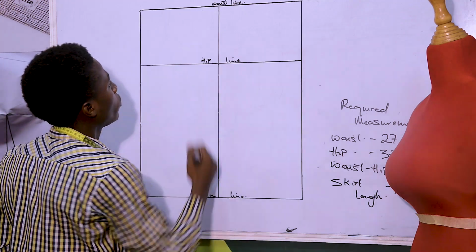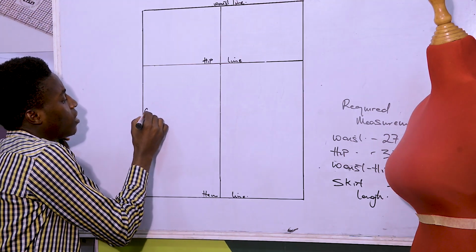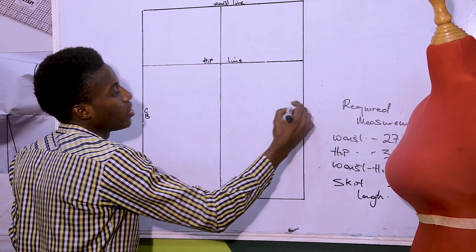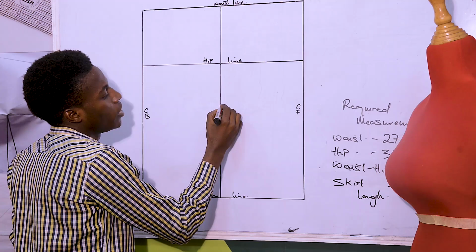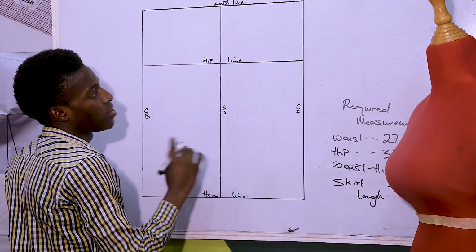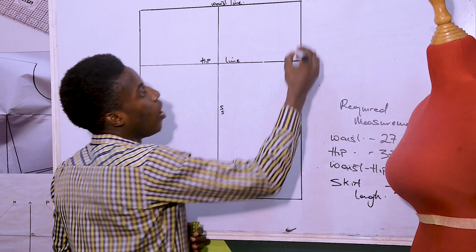All right, so now moving on to the next stage, you're going to be labeling the left side CB and the right side CF. Then the middle line is the SS. Now, there is no big deal about this. These are just abbreviations of what?